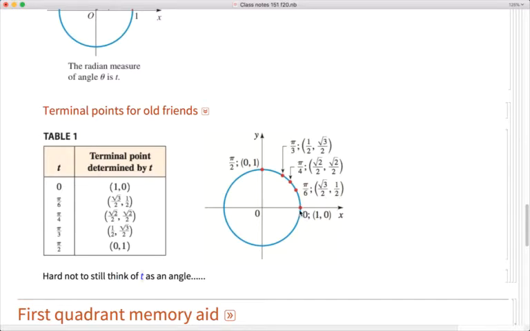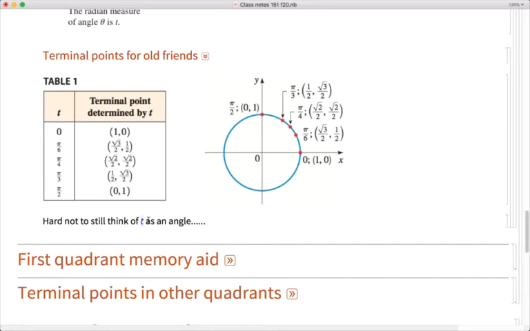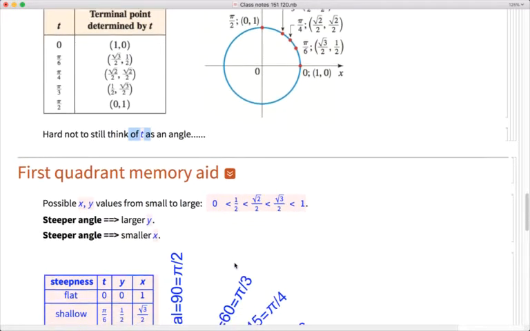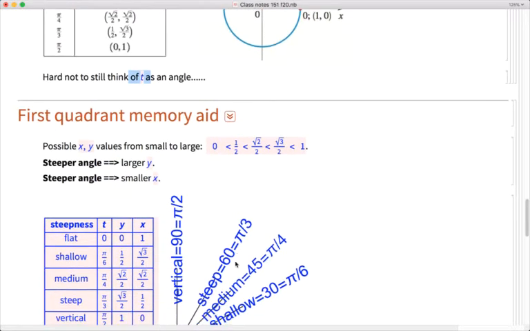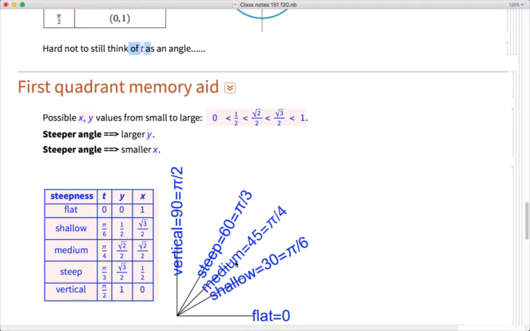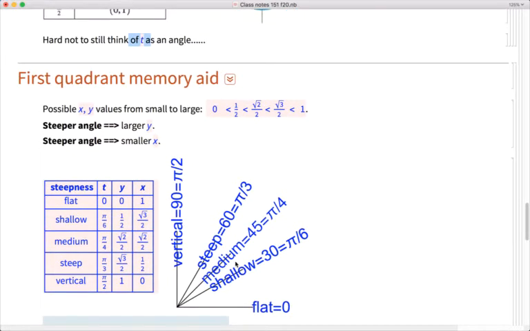If we travel a distance of pi over 2, we wind up at this point, and the terminal point there is 0 comma 1, straight up. Like I said, it's hard not to continue to think about t as being an angle, but we do our best. We say this is a distance that we travel along the unit circle. Nonetheless, this memory aid that I suggested to you is still quite effective.